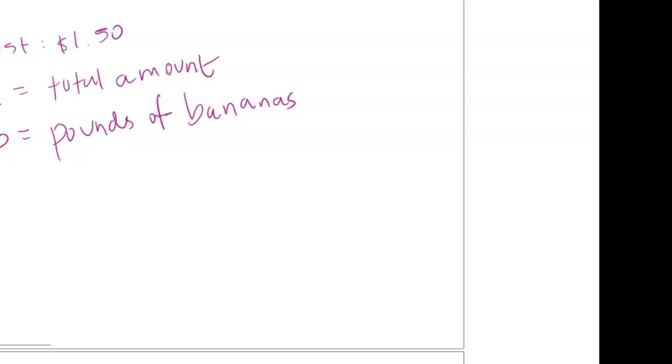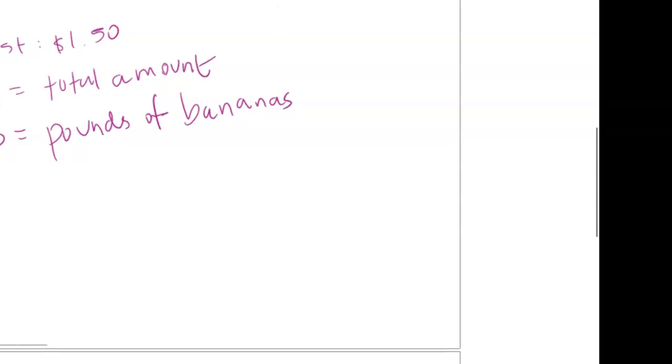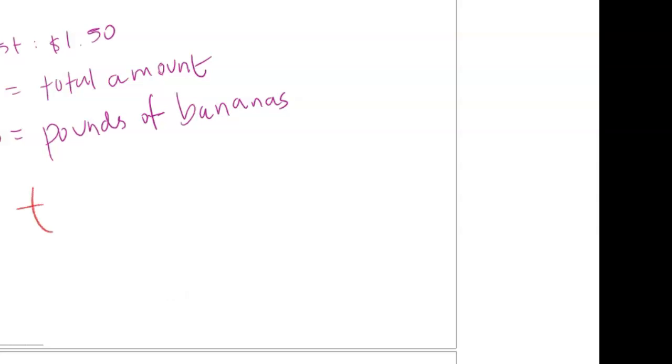So please take a second, talk to your partner, and then when you're ready, come back and press play. So now you guys have talked, we know that T will equal something. So what is T going to equal, guys? So we have T equals what? Again, take a second, talk to your partners, and see what you guys get.